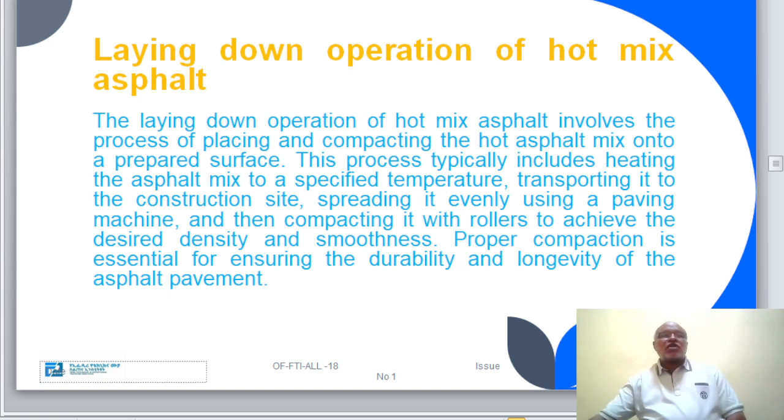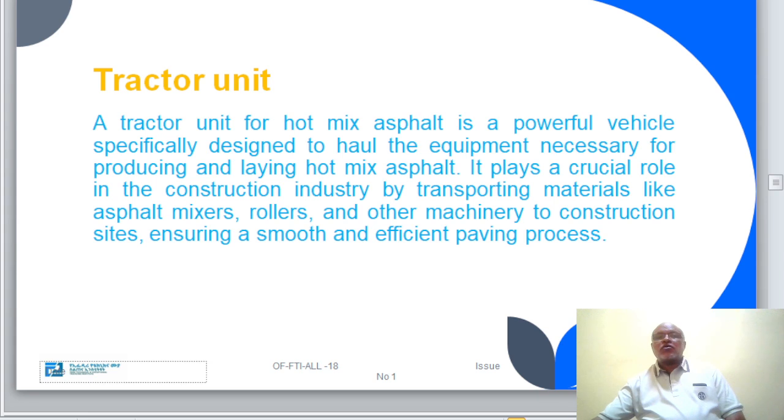Let's see tractor units. The tractor units, as mentioned, move on pneumatic wheels or crawler tracks, and their aim is to pull the screed, receive mixture from the truck and transfer it to the paver, and provide mechanical, electronic, and hydraulic energy for the function of all systems of the device.